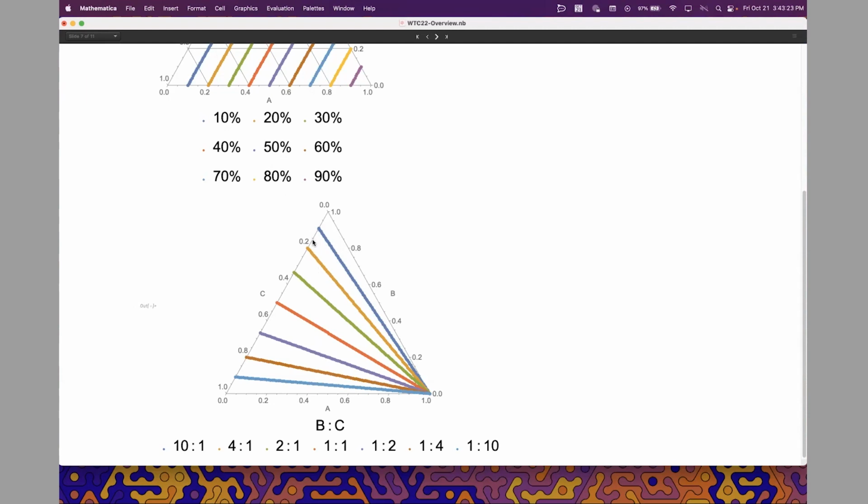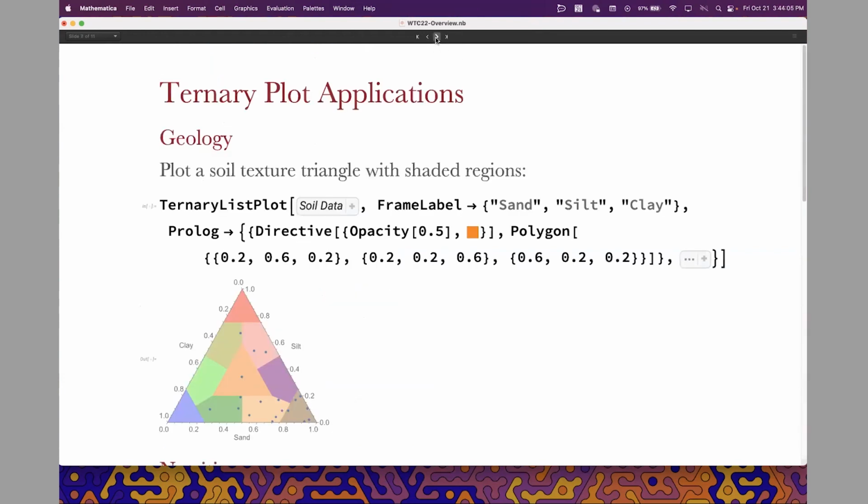At this point here at the end, where it meets the C axis, that corresponds to 0% component A, and then a 10-to-1 ratio of everything else. And then say over here, you're looking at something where it's 50% component A and B is 10 times what C is. So those are a couple of the lines that you can look at and read off a fixed ratio or a fixed percentage on a ternary plot.